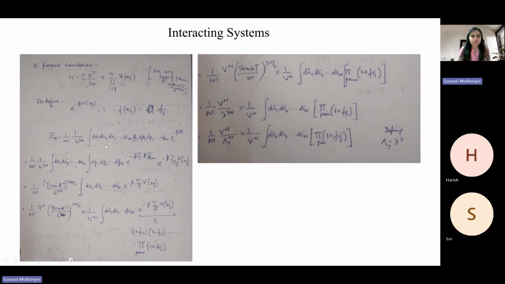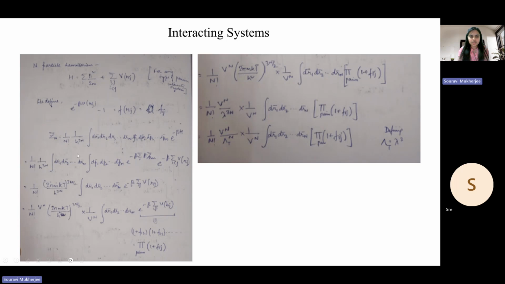This is the standard definition. Whatever we had solved previously was for the free particle, which is just for pi square by 2m. So you can do the exact same calculation and you would get something like this. So this is for the free particle. Now what is left is the integration over the position coordinates, where you have dr1, dr2, drn, and then e to the power minus beta V of rij.